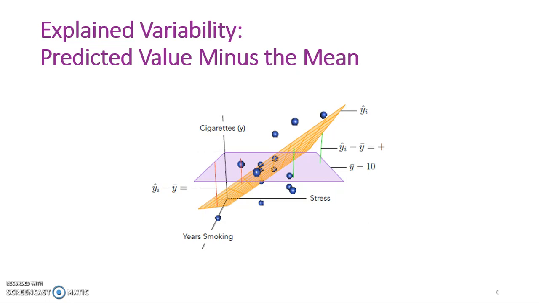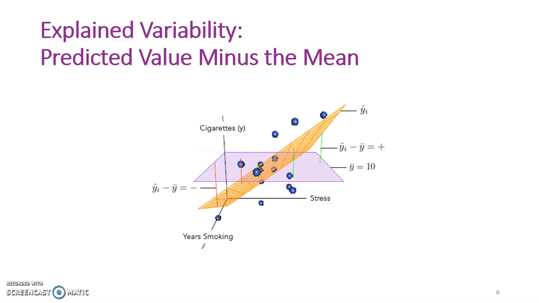And the grand mean plane is representing the null hypothesis, that there's no effect, no tilt towards years smoking or tilt towards stress. So the difference between the flat surface, the null surface, the grand mean, and the tilted regression surface plane is the difference between the predicted value and the mean. This is the explained variability. It's the distance between the flat plane and the tilted plane.